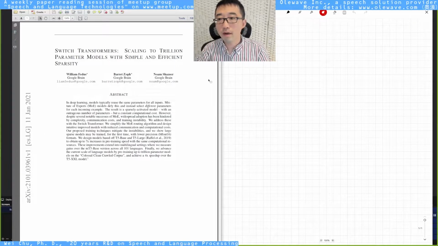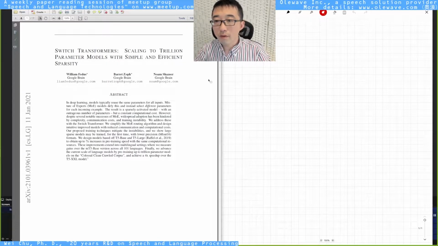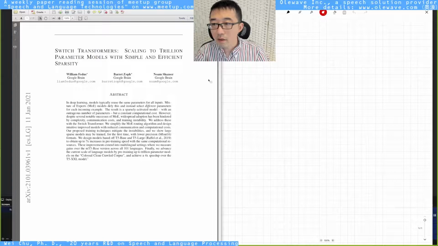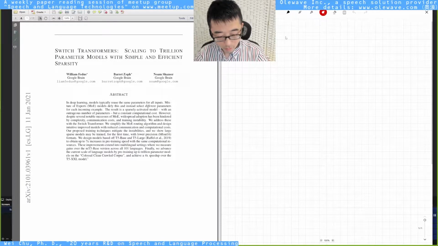Today, I'm gonna give a very quick overview of the paper published by Google researchers, Switch Transformers, back in January 2021. So first of all, what do they mean by switch transformer?